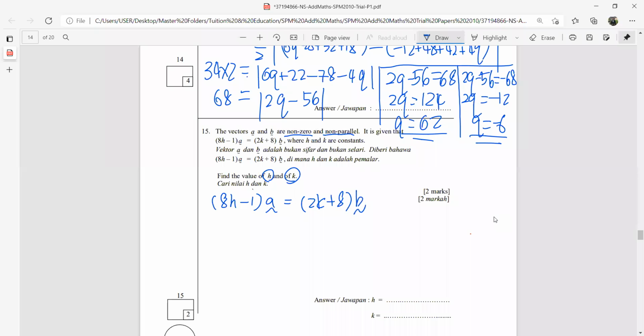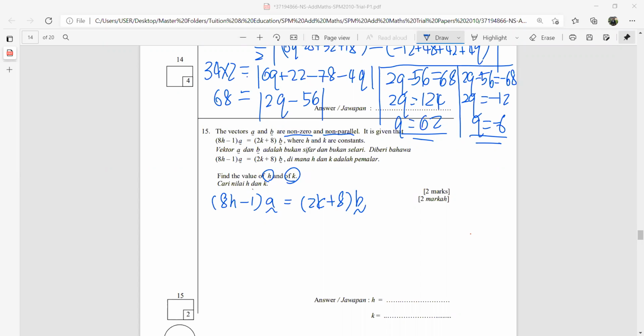Non-parallel, non-zero vector, and ask you to find H and K, correct? So is there any question for this? Because I want to ask you to solve this. What should I do? So you got the answer or not? Not everyone got the answer, you know?